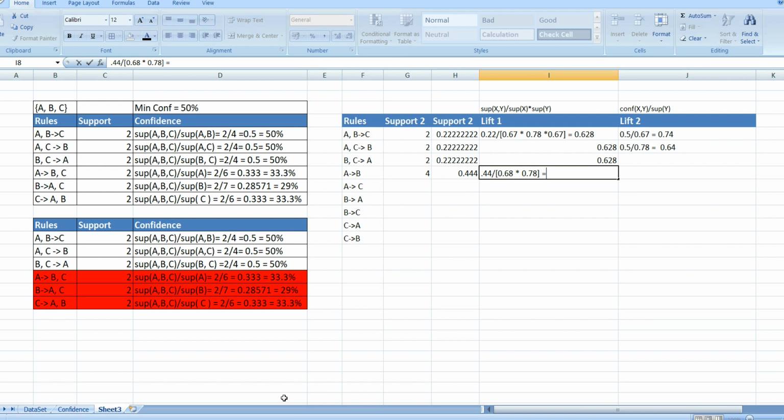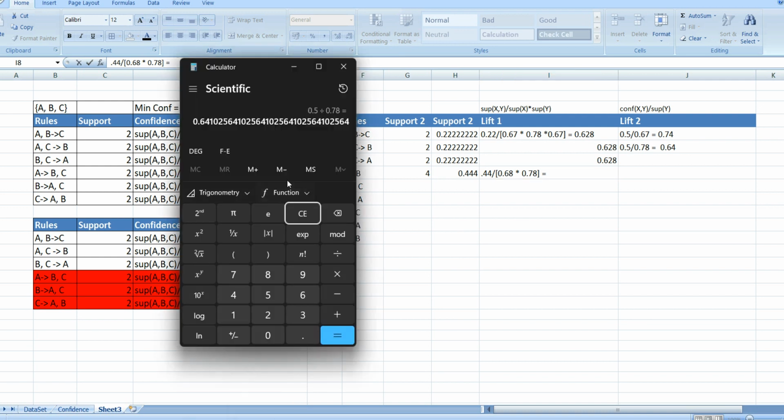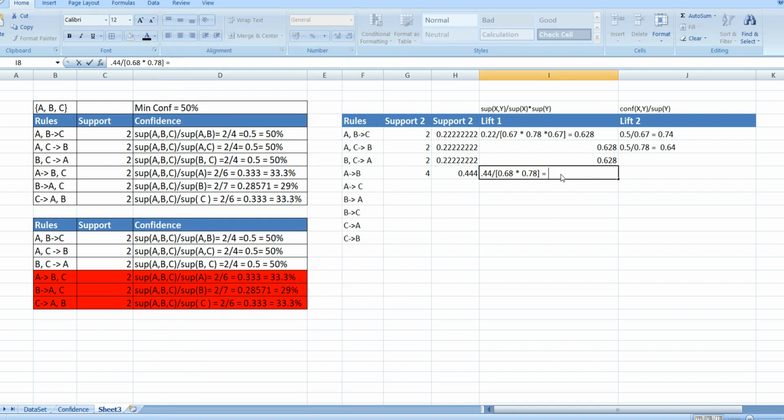Let's take our calculator. 0.44 divided by the product of 0.68 multiplied by 0.78 gives us a value of 0.83. So let's take that value there.